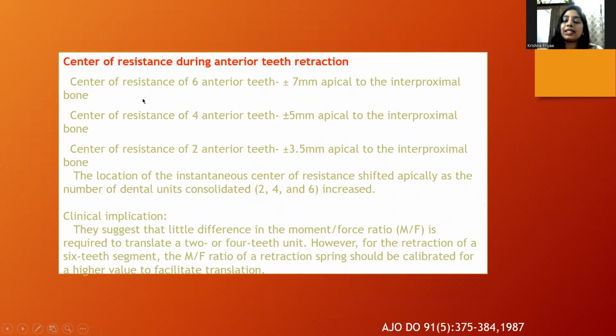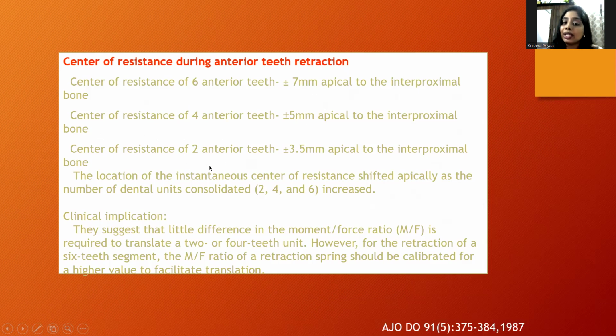So basically, the center of resistance of 6 anterior teeth is nothing but 7 mm apical to the interproximal bone. Basically, the point where the root starts, and therefore it is mostly between the apical and middle third of the root. So for example, for 4 anterior teeth, it becomes 5 mm.